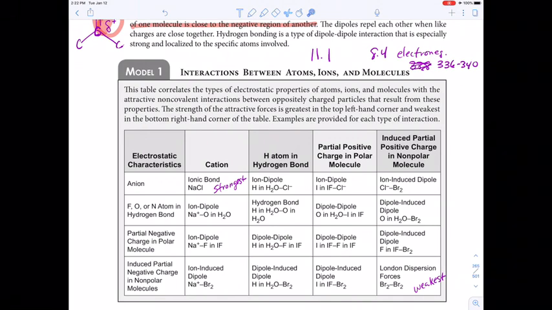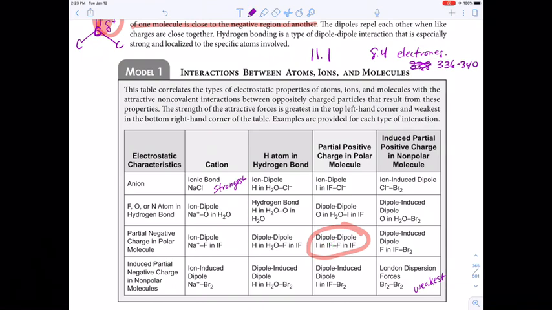Okay, examples are provided for each type of interaction. Let's take a look at one of them. How about this one right here? So the dipole-dipole interaction, in this one, we have the iodine in iodine monofluoride is attracted to the fluoride in iodine fluoride. So this bond kind of makes it look like the bond or the attraction is between two fluorines.